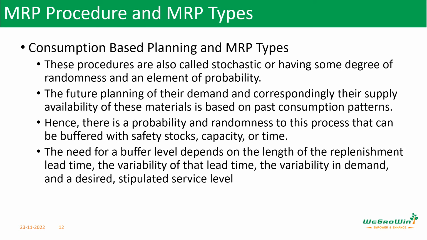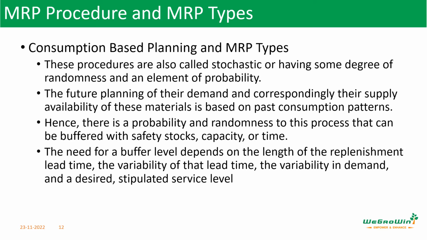Right, then consumption-based planning MRP types: these procedures are called stochastic, having some degree of randomness. Here the future planning of the demand, and correspondingly the supply availability of the materials, is also based on the past consumption patterns. So it will take the past consumption and accordingly work out some reorder point. Either we can calculate it through the system or we can do it manually also.